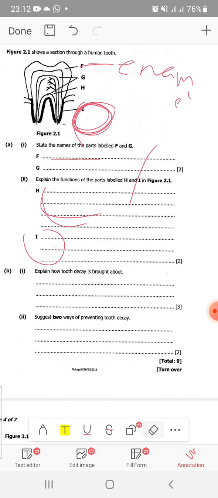Then also brush the teeth regularly with fluoride toothpaste, a toothpaste which contains fluoride. Do not open bottles with your teeth. Those are the ways to prevent tooth decay. Okay.